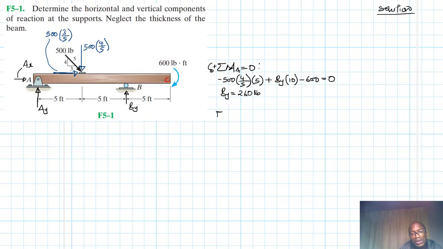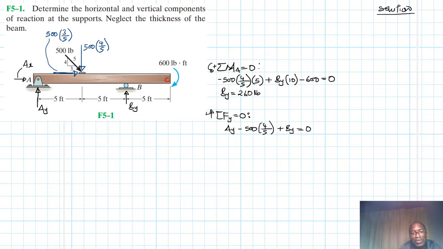Then we have summation of forces in the y direction equal to 0, going up being our reference. We have AY minus 500 times 4 divided by 5 plus BY equal to 0.